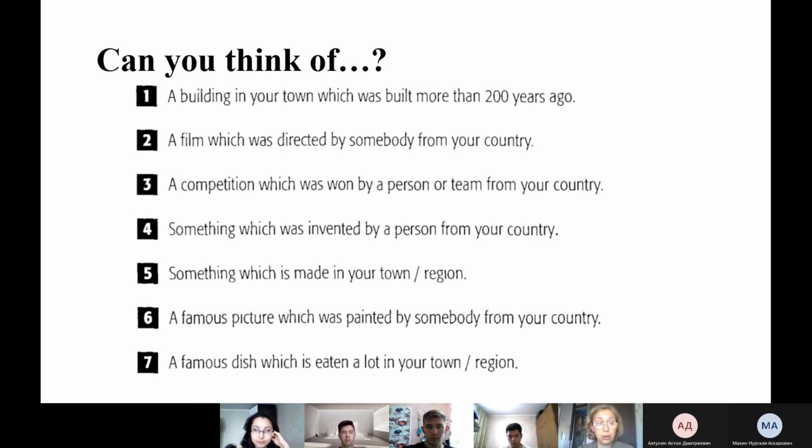Okay, and the last is for Nurgali. A famous dish which is eaten a lot in your town. What is it? There are a lot of Kazakh dishes which are very famous, so you may choose any of them. What do you like?